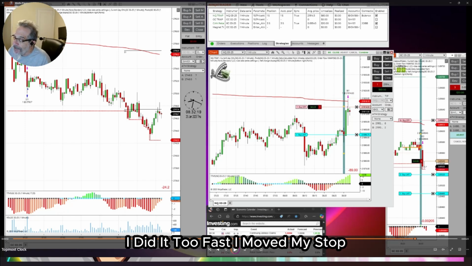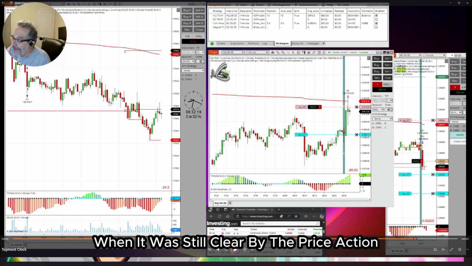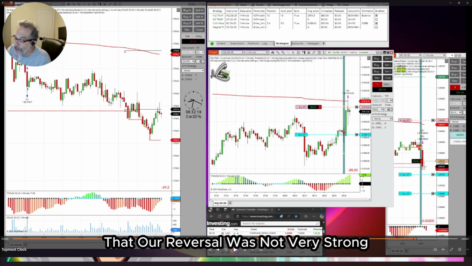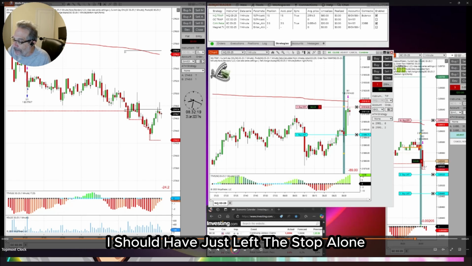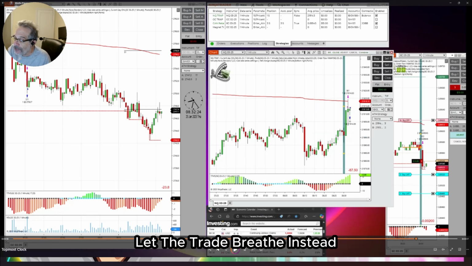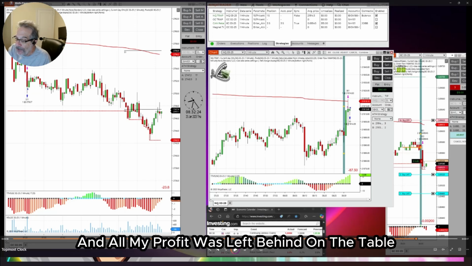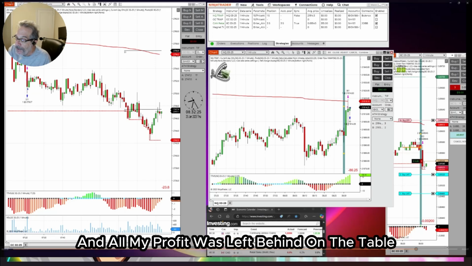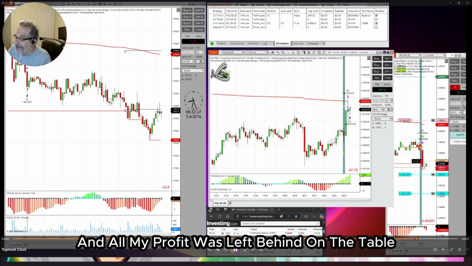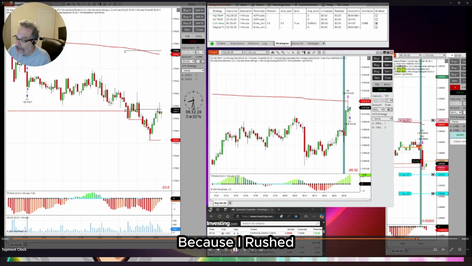I moved my stop when it was still clear by the price action that our reversal was not very strong. I should have just left the stop alone, let the trade breathe. Instead, I got stopped out and all my profit was left behind on the table because I rushed.